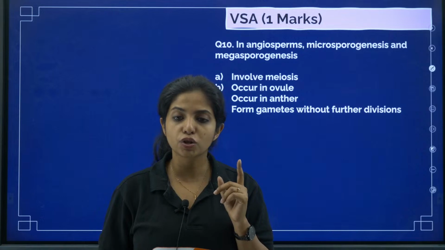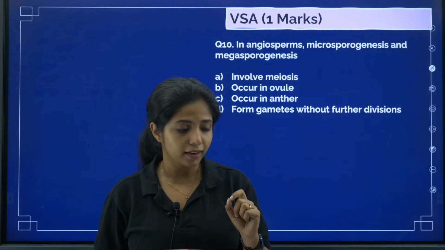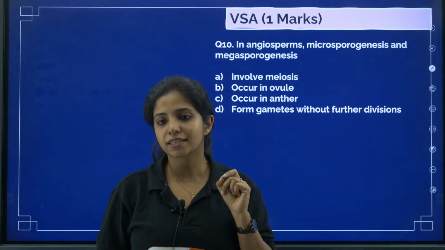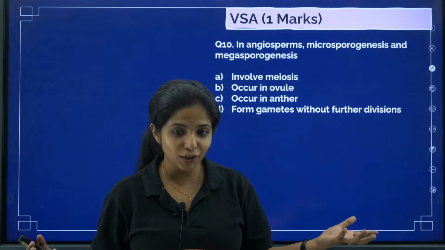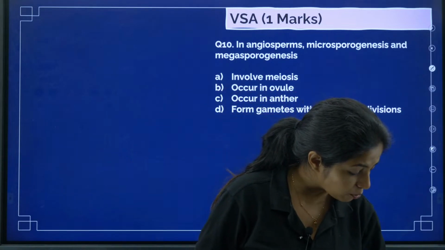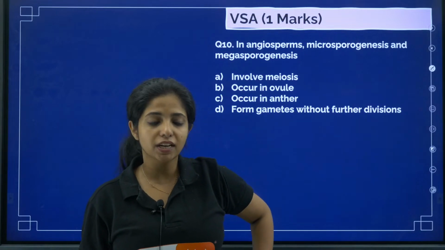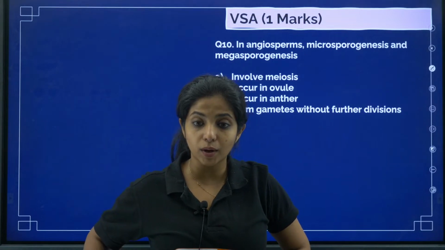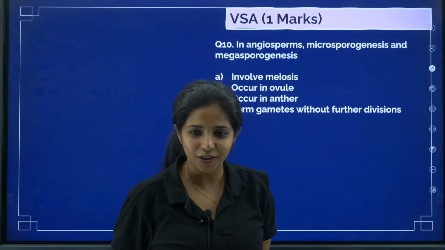I don't just want A, B, C, D over here; I want you to talk to me as well. Since anyway you are studying this, tell me, what do you mean by angiosperms? Arushi said A is the answer. Okay, but can you tell me what do you mean by angiosperms? Anyone?